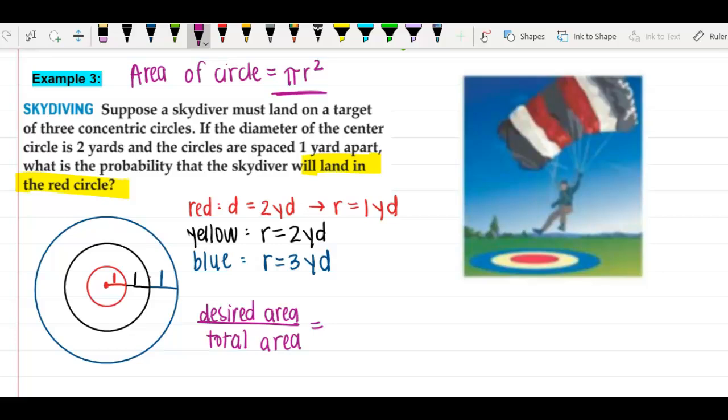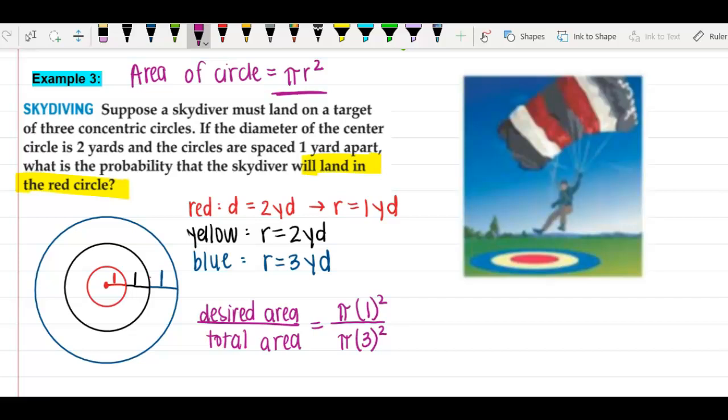So if we're thinking about total area, that would be the blue circle. So we would have pi times the radius, which we already figured out was 3, and we're going to square that. And then what else do we have? We want red, so we want radius of 1, so pi times 1 squared.